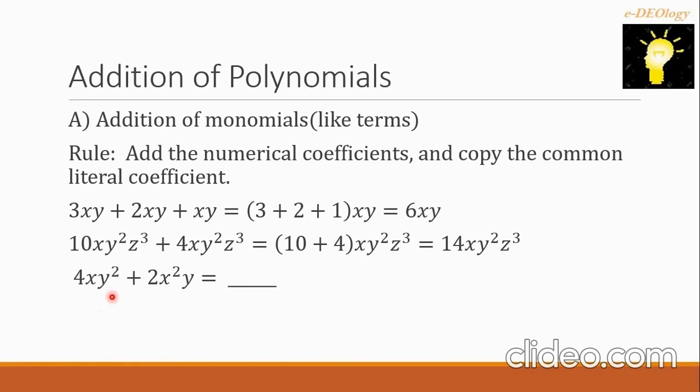For the y, here is exponent 2, here is exponent 1. So we can conclude that these two terms are dissimilar, and dissimilar terms cannot be combined. So when we are required to put the answer, we simply copy the same problem: 4xy squared plus 2x squared y.